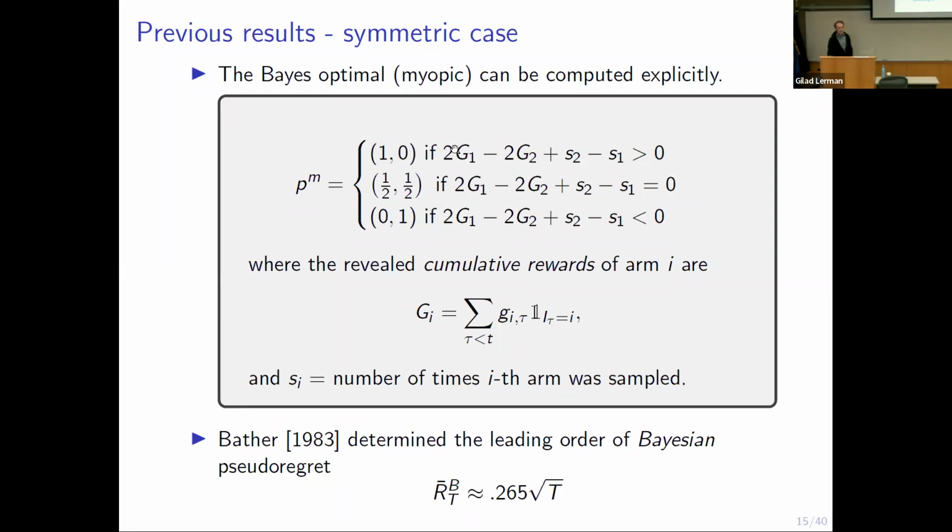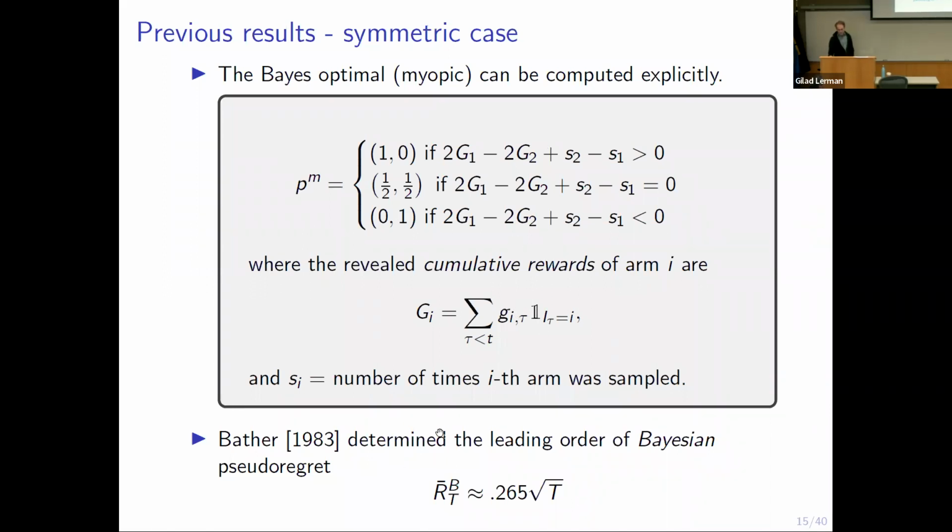This is the cumulative reward from arm 1, the revealed reward, and the cumulative reward from arm 2. These are the number of times arm 2 has been sampled and the number of times arm 1 has been sampled. If this quantity is 0, then you just allocate the same probability to both arms. And I will show you how you get this number in a minute.